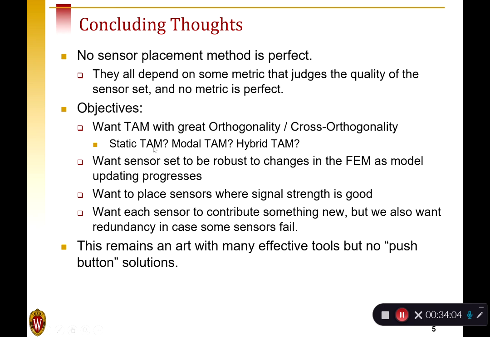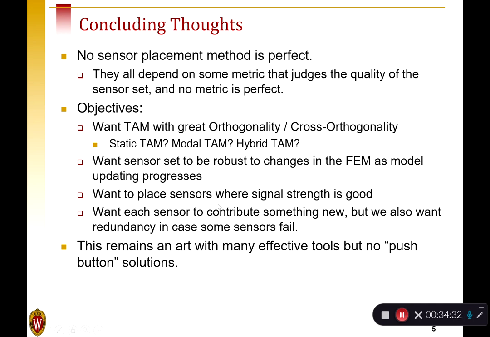And we don't even really know what's the best TAM to use for a particular problem. We haven't talked yet about the fact that we want a sensor set that's robust to changes in the finite element model too. We don't just want to be accurate for the current finite element model. We want to be accurate for the finite element model after we've fixed it to correlate with the measurements.